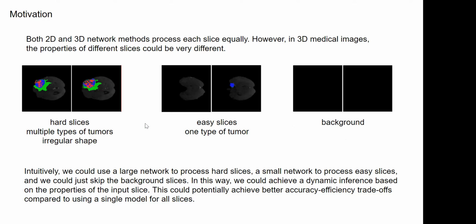So basically we process the hard slices using a large model and the easy slices using a small model, and we skip the background. In this way, we could potentially achieve a better accuracy-efficiency trade-off compared to using a single model to process all the slices.